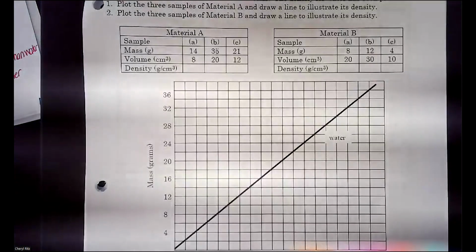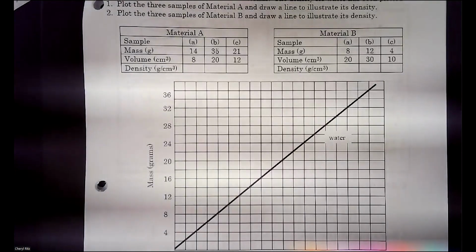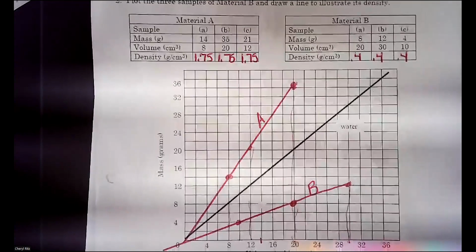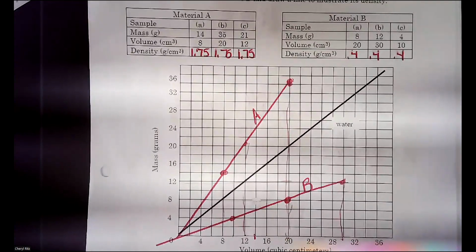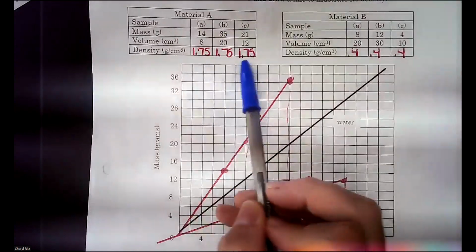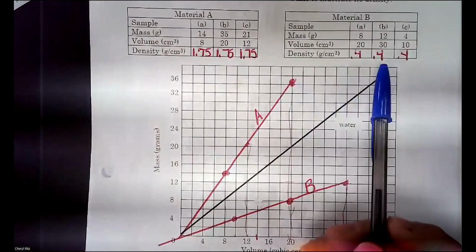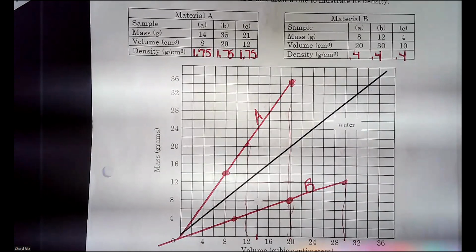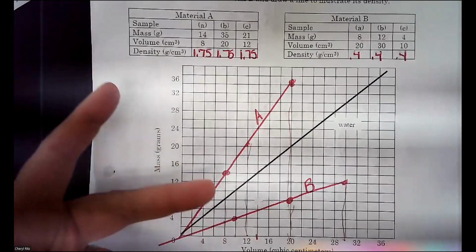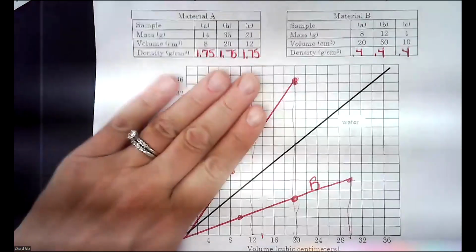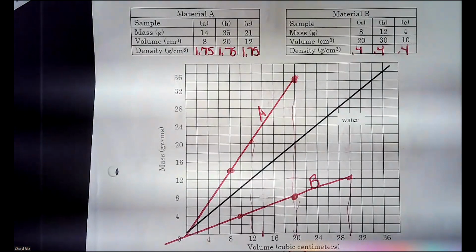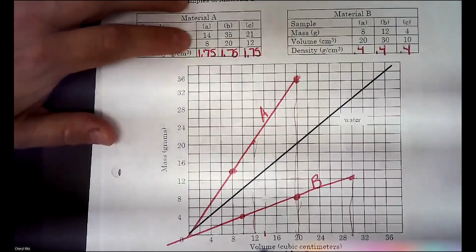For these ones, you did have to calculate the densities first and then plot them. You should have gotten a graph that looked similar to this. So first of all, the densities were 1.75 for A and 0.4 for B. When you have two lines, make sure you label them. If your lines were reversed and you had B up here and A down here, that's because you plotted thinking mass.